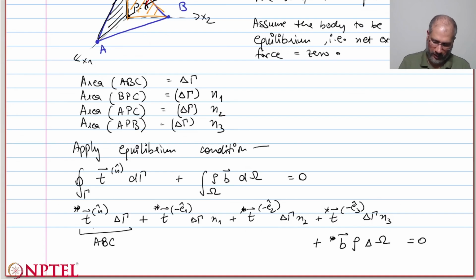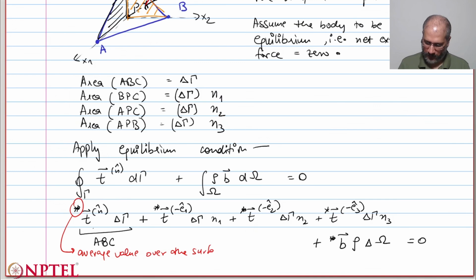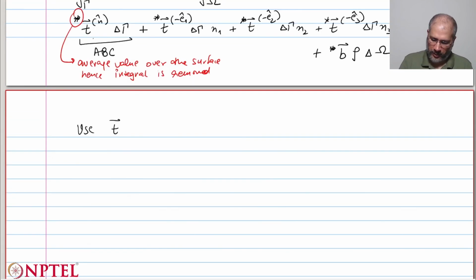So let me specify that this star denotes an average value over the surface, hence the integral is removed. So we'll use the condition that the traction vector on a plane minus E j hat is the negative of the traction vector on the plane E j hat. This we had shown in the beginning of the lecture, and we'll use the initial notation.